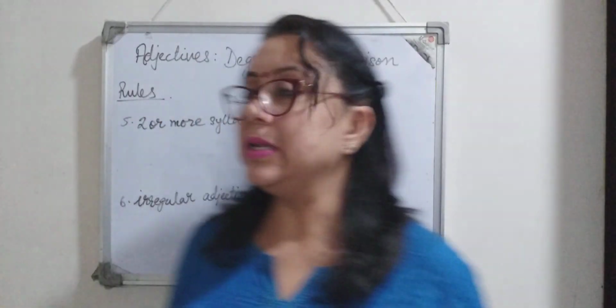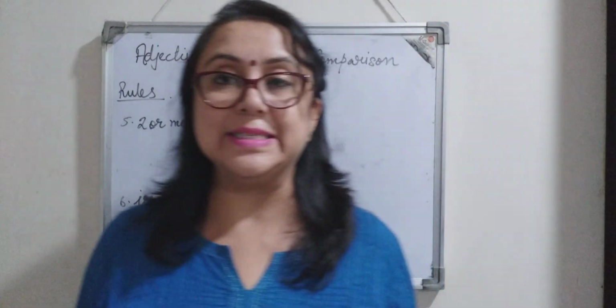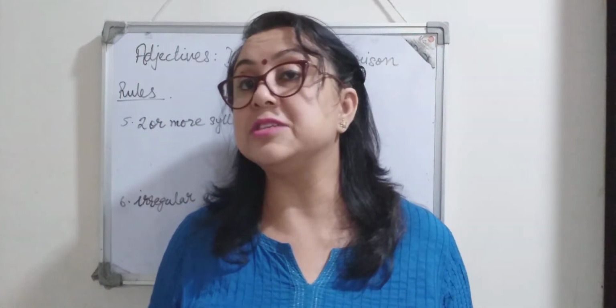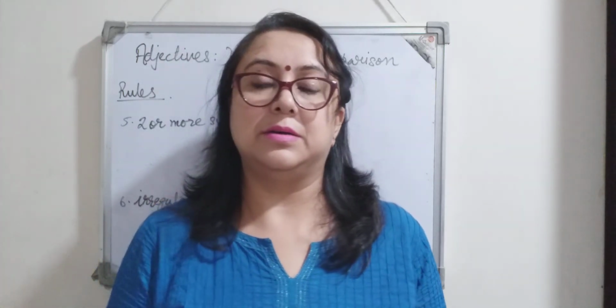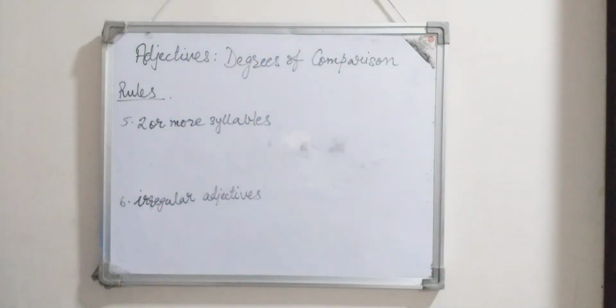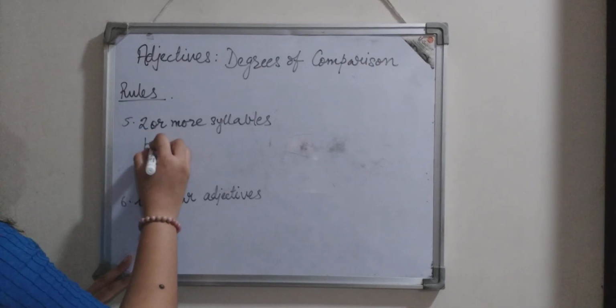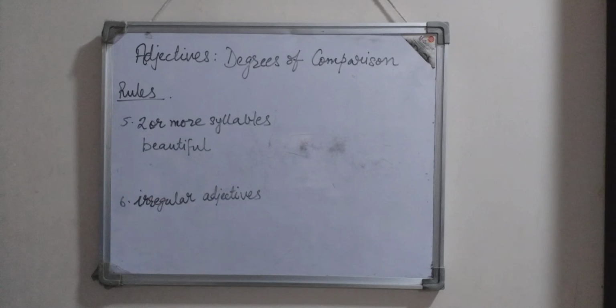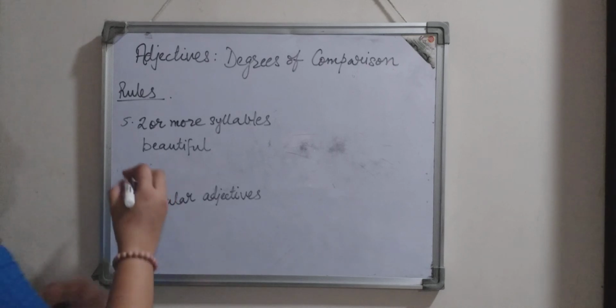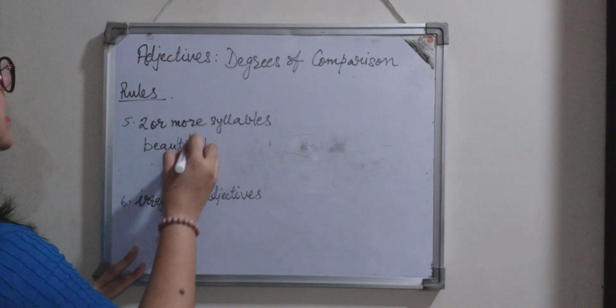The next rule, that is rule number 5, says if a word has more than one syllable, right? Let's see an example. So, the word beautiful. So this word beautiful can be broken into 3 parts, isn't it? Beautiful.